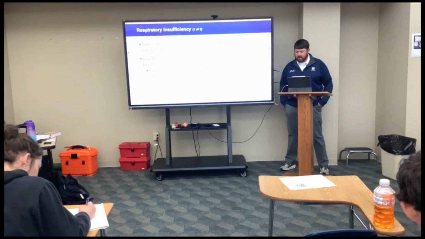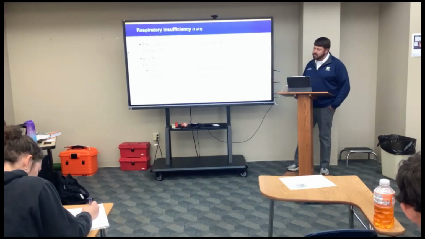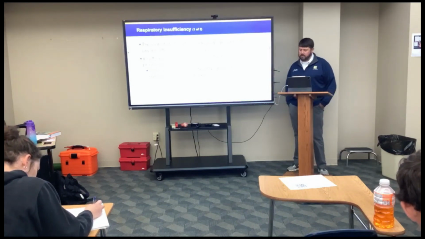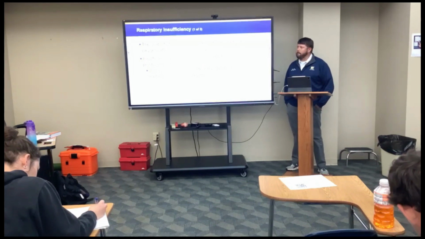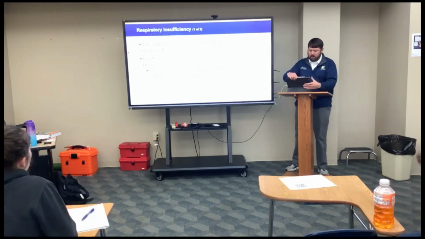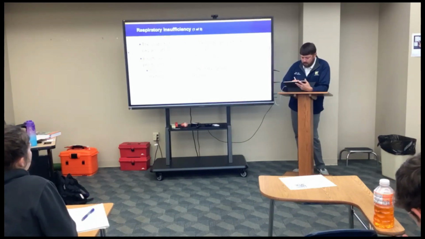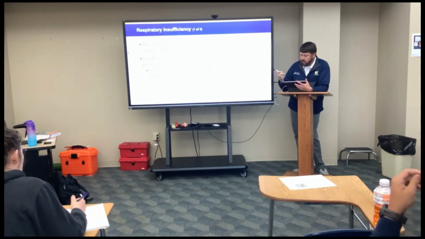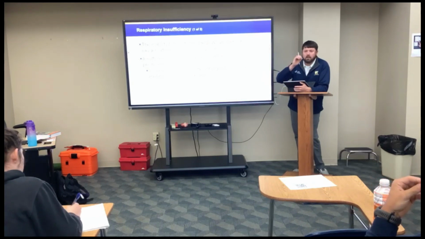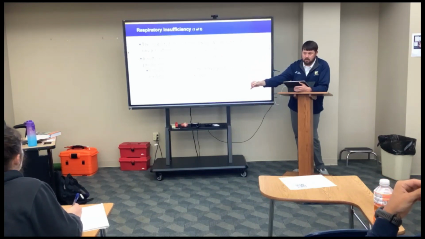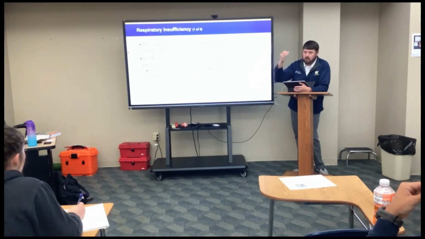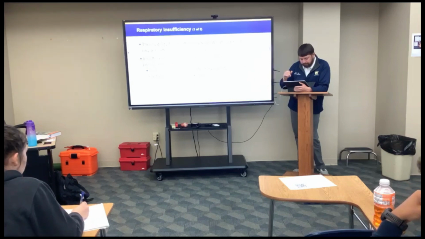Respiratory insufficiency, the inability to breathe, inadequate amounts of oxygen, affects the ventilation process of respiration. Just briefly talk about this. Do y'all remember talking about a VQ mismatch? Yes. So this is going to be an issue with either the pipes or the circulation. So it's either a ventilation issue or a perfusion issue.